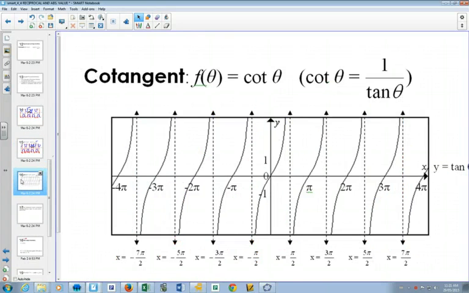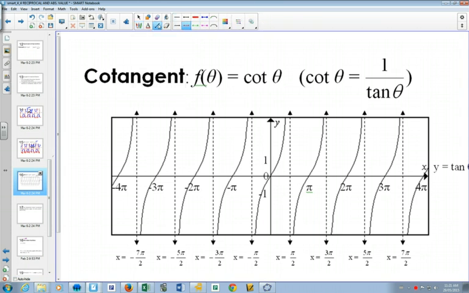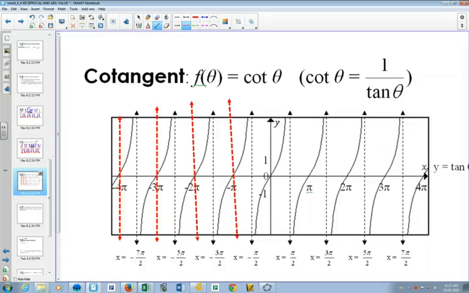And now we're going to look at cotangent. So there's our graph of tangent. And wherever tangent is equal to 0, we're going to draw our asymptotes. Cotangent acts a little bit strange. Let's draw our asymptotes here.